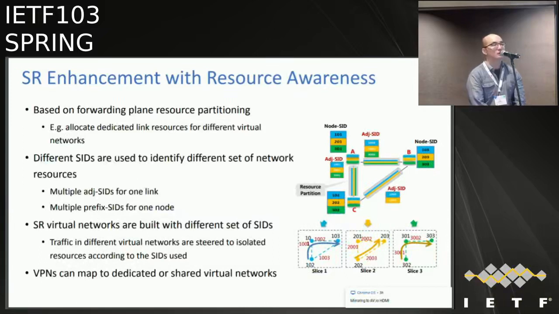Yeah, I think there can be several ways to do this. One approach, which we proposed in the RSR working group, is to use a multi-topology to associate all the links and the node SIDs together for a particular virtual network. Use a multi-topology ID. It's one approach. Okay.